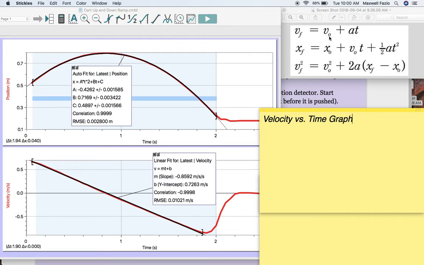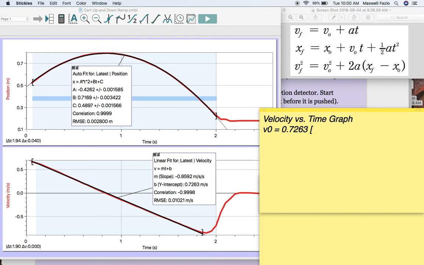So if we think about what these represent, this here is essentially our y-intercept, this b value. So we can interpret our initial velocity, and I can't do subscripts, so it's going to look a little ugly. Our initial velocity here is going to be equal to this, 0.7263.